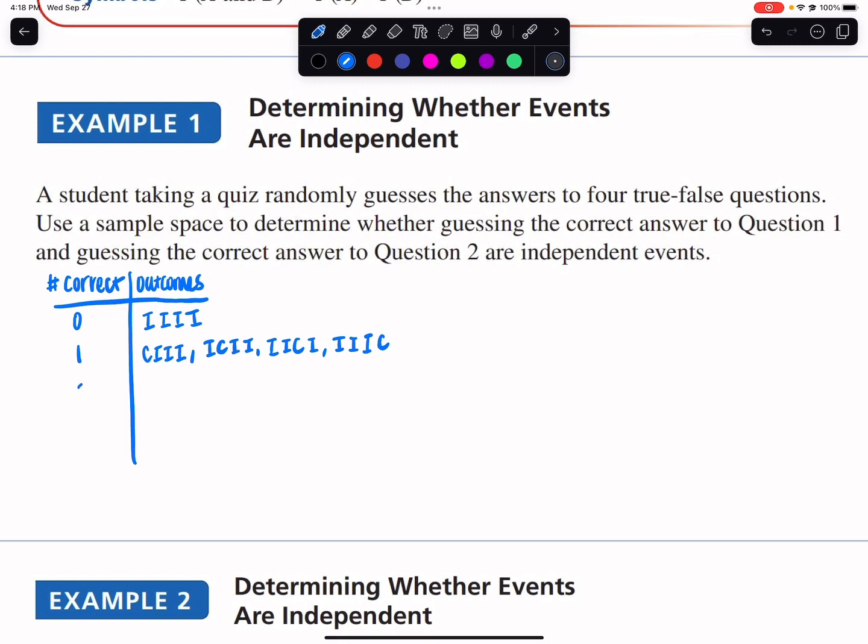You could get 2 correct, so you could get the first 2, the last 2, the first and last, the middle, or it could alternate.